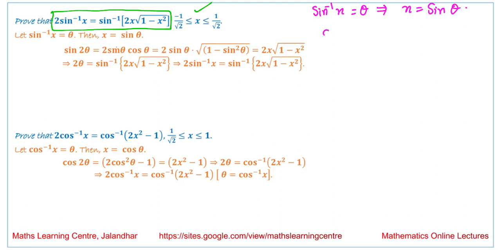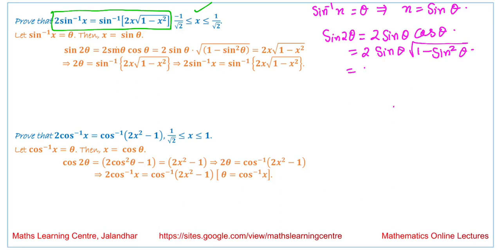Now we know that sine 2 theta is equal to 2 sine theta cos theta, which is equal to 2 sine theta into square root of 1 minus sine square theta. This is equal to 2x into square root of 1 minus x square. So we obtain that sine 2 theta is equal to 2x square root of 1 minus x square.